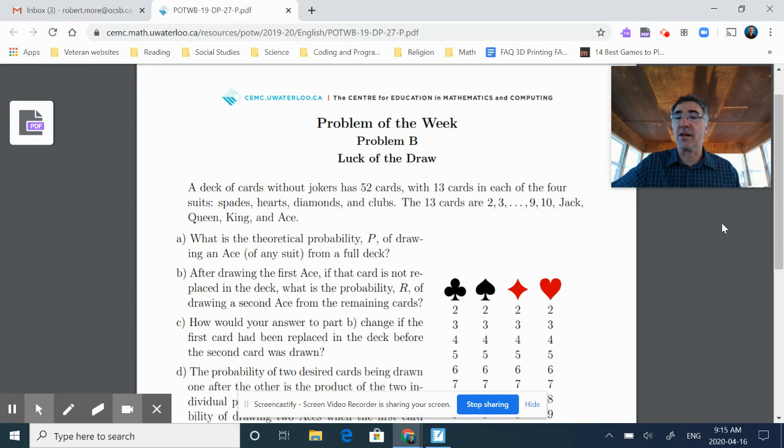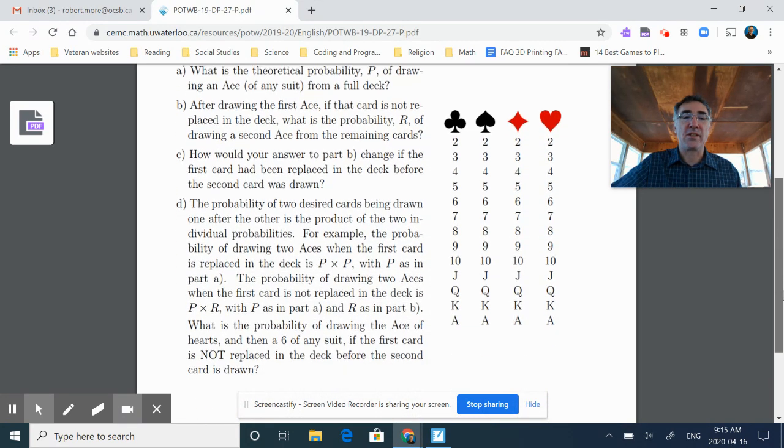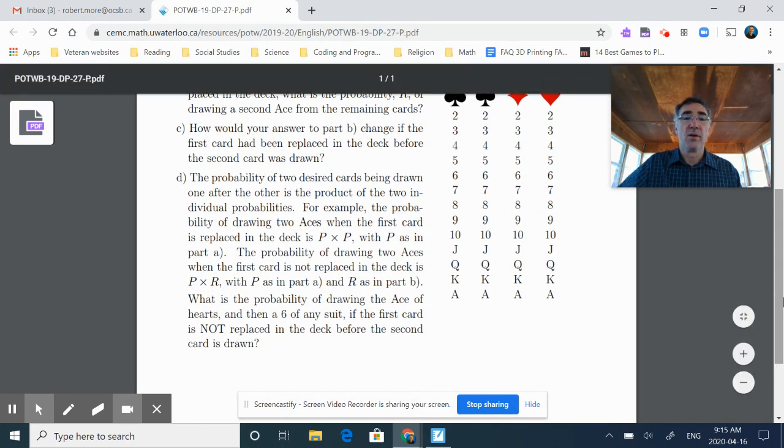And then finally, we have our extension question, where it says the probability of 2 desired cards being drawn one after the other is the product. And again, a mathematical term that I need to understand here, product, basically meaning we're talking about a multiplication problem. So it's given me a big clue by just using the word product right off the bat of the 2 individual probabilities.